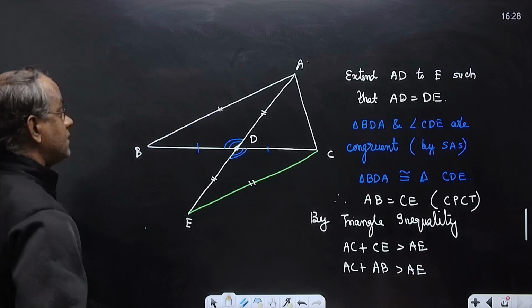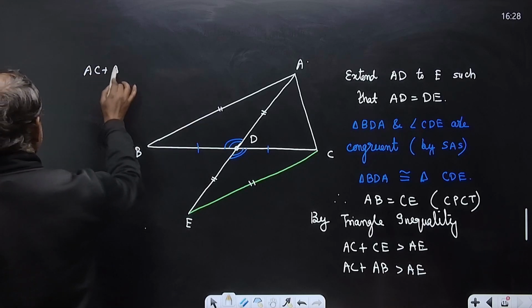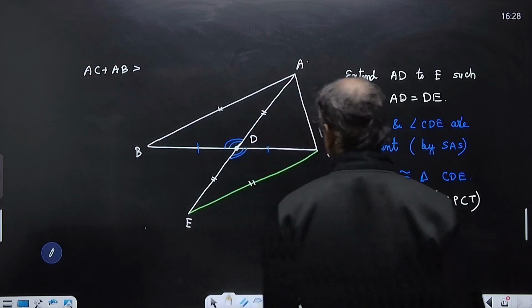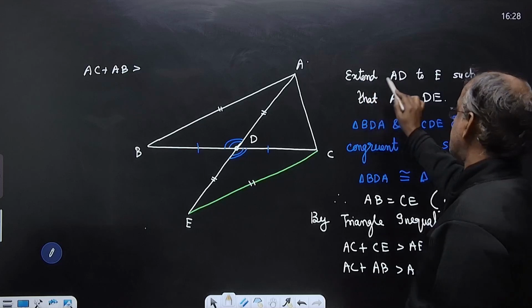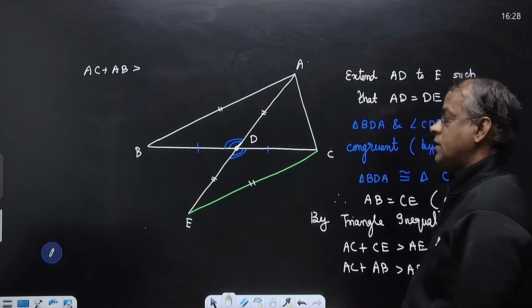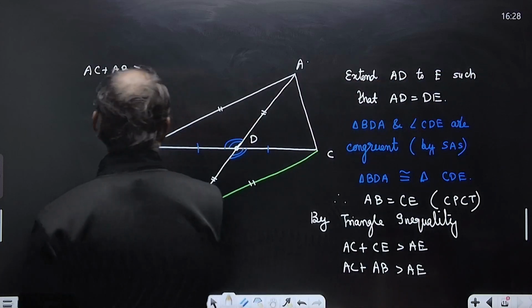Now what we have is that AE, and we at the beginning said that we are extending AD in a manner such that AD is equal to DE. So effectively AE, what is AE?